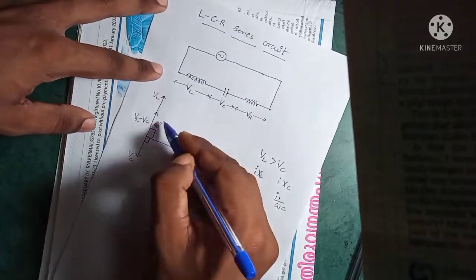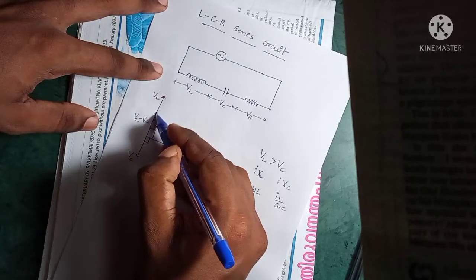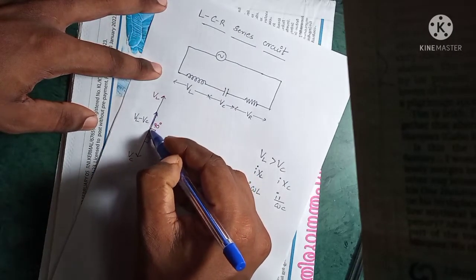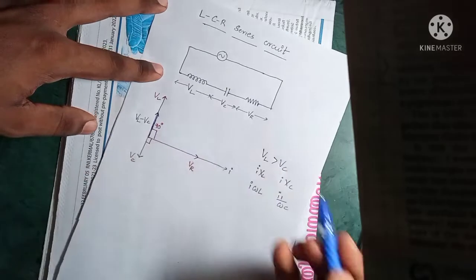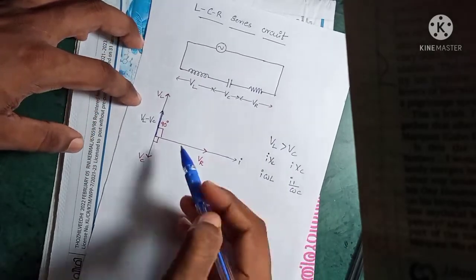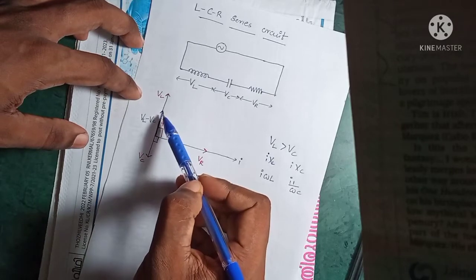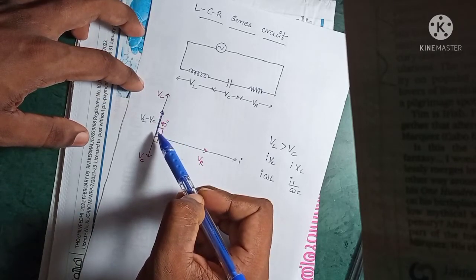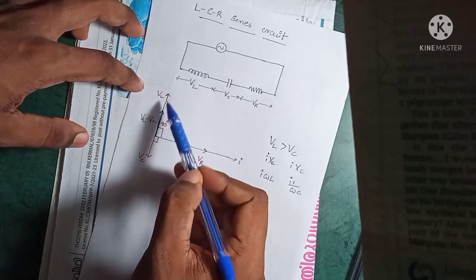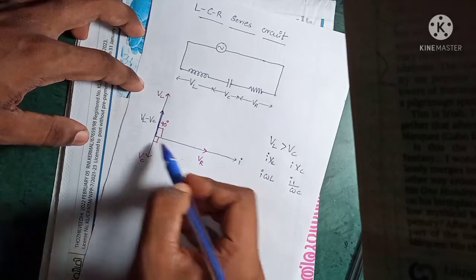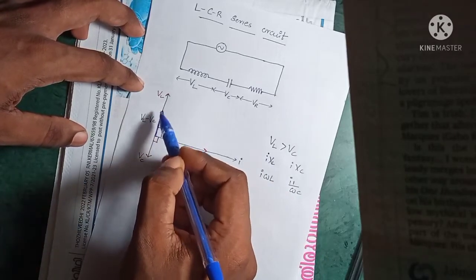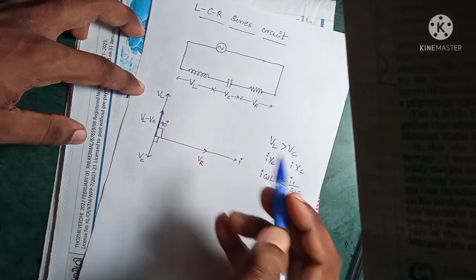This represents the resultant voltage of VL and VC, which is pointed along VL because VL is greater than VC.